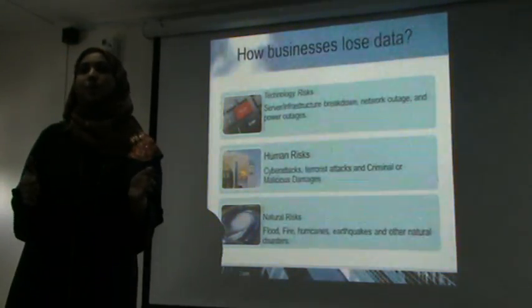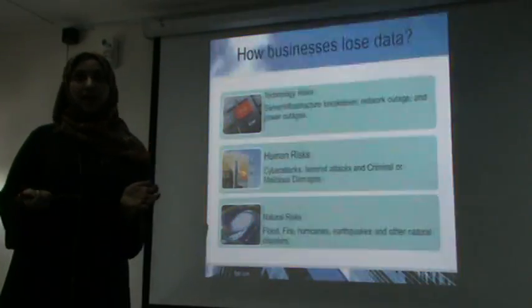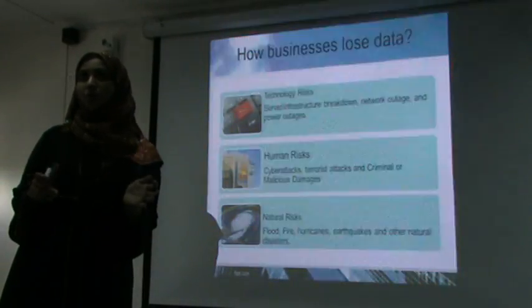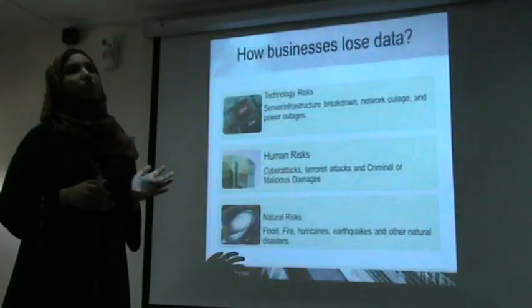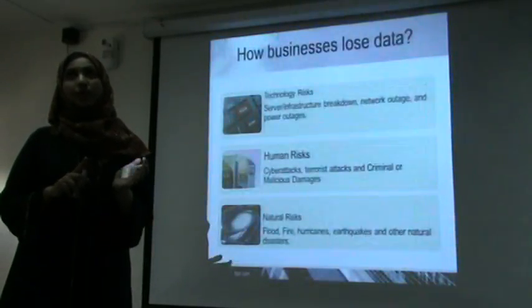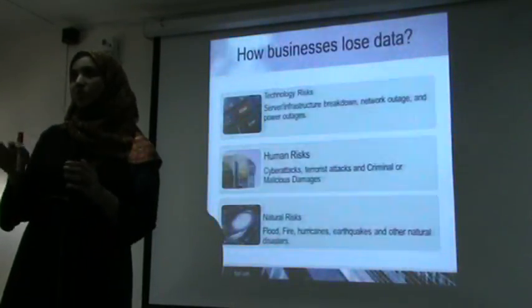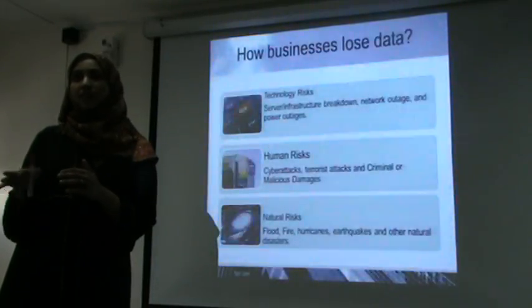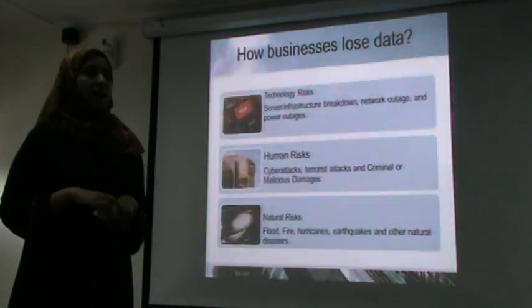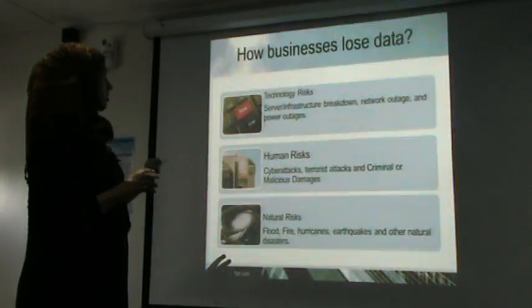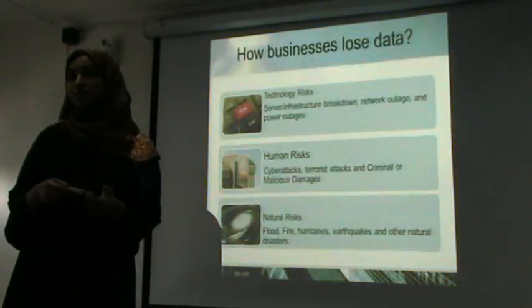We never know when the power supply fails and the entire servers are shut down for a while. This causes a lot of loss to businesses because the information is stored in the servers, and if the services are down, it causes a great risk and businesses might lose data.